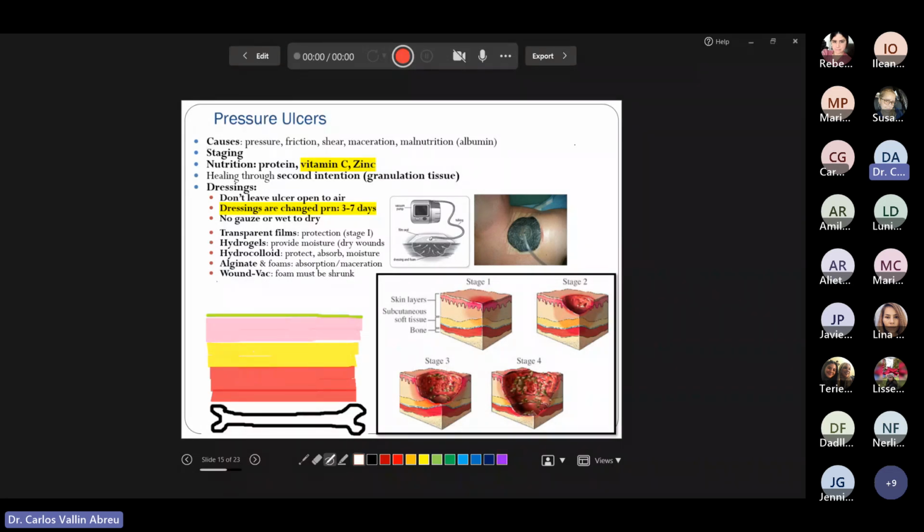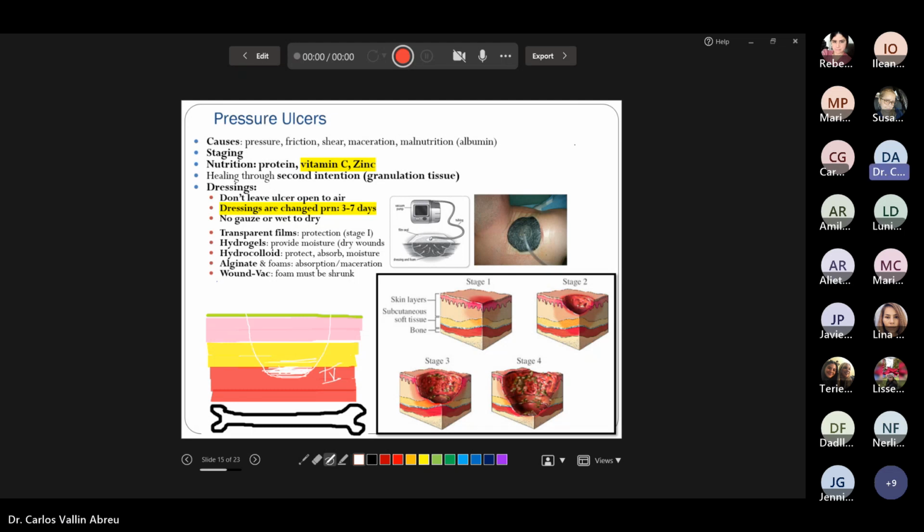But try to imagine that in stage 3, the depth of the ulcer reaches the muscle. Once the ulcer reaches the muscle, even the most superficial layer of the muscle, it is already stage 4.